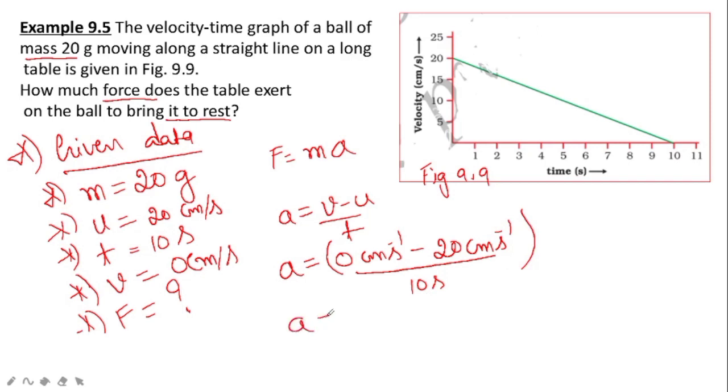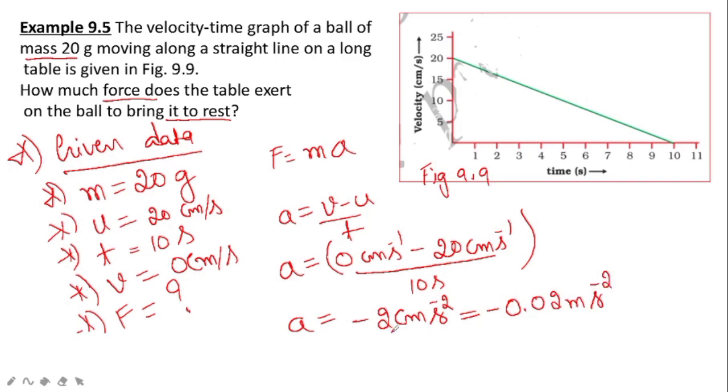Then acceleration is equal to, on simplification, what will you get? You will get minus 2 centimeter per second square, which is equal to minus 0.02 meter per second square.